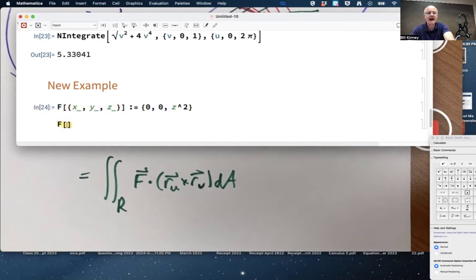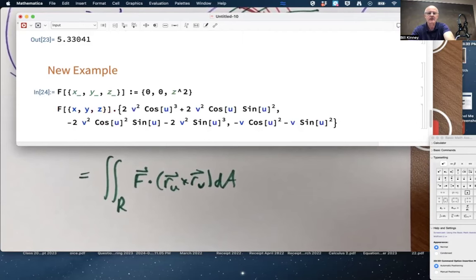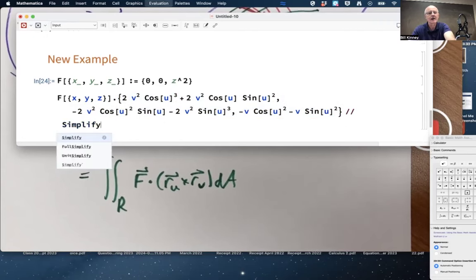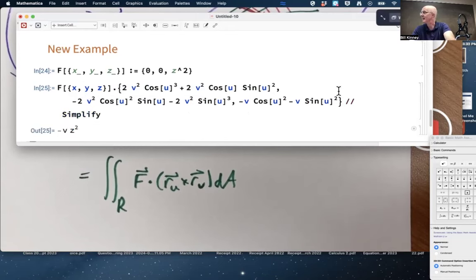What happens if I dot that with that vector? That is RU cross RV there. And simplify. It's nice and simple. Amazing. I'm sure what happens to make it nice and simple is using trig identities, probably, cos squared u plus sine squared u equals 1 is used.